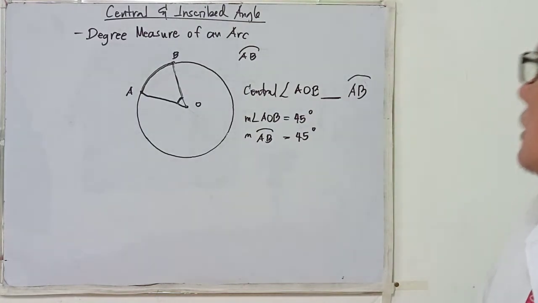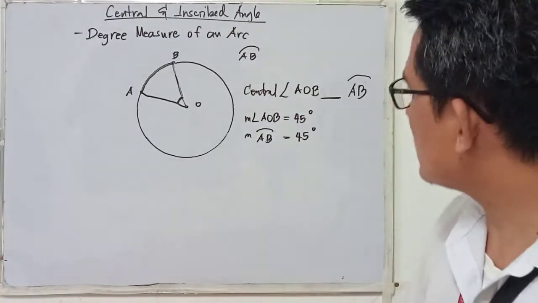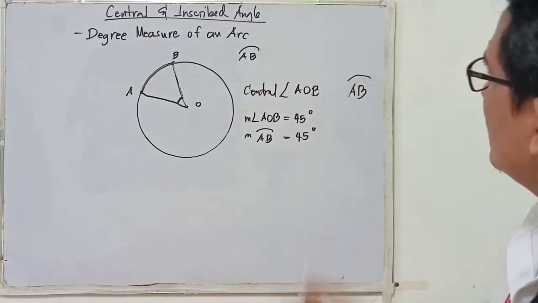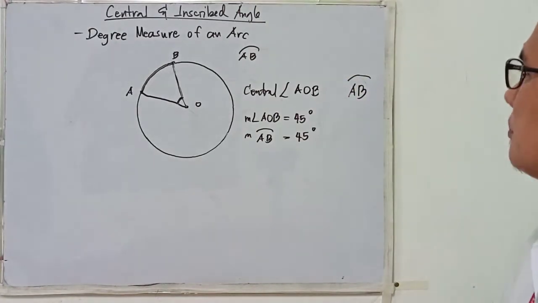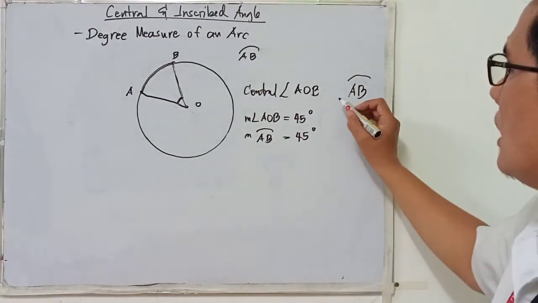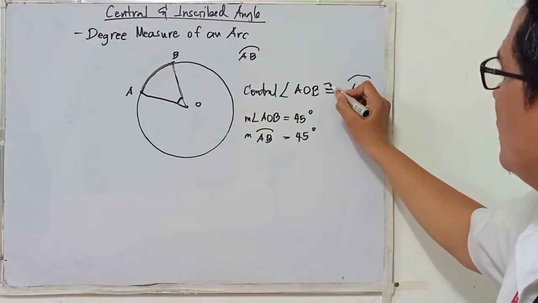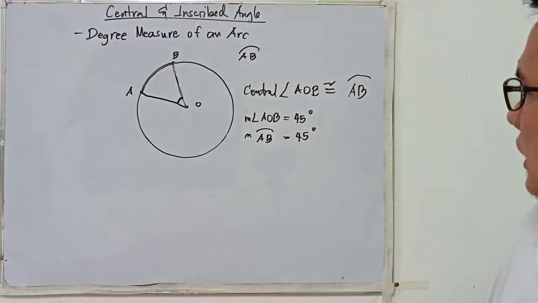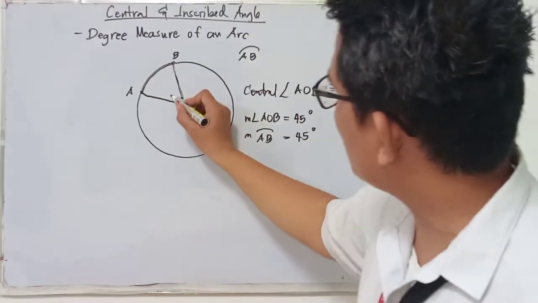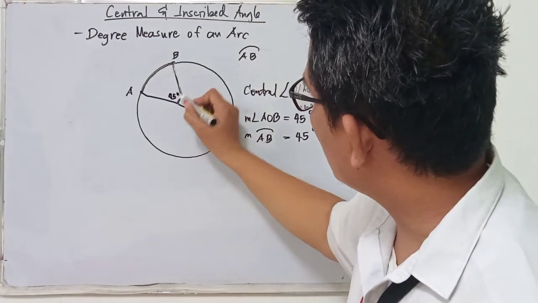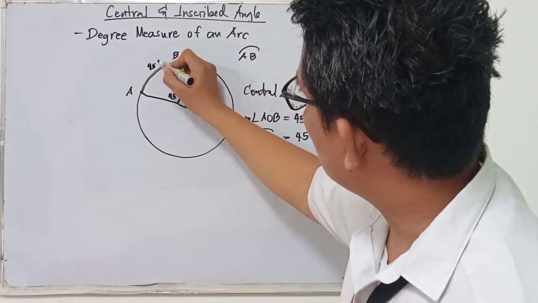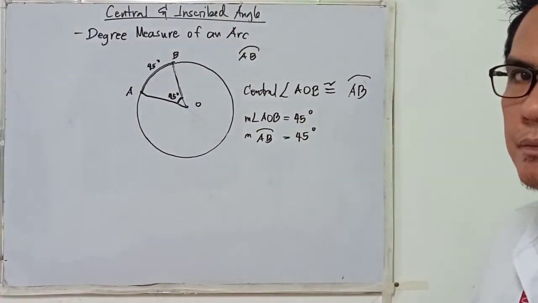Therefore, our central angle and its arc are congruent, they are equal. If this is 45 degrees here, this is also 45 degrees.